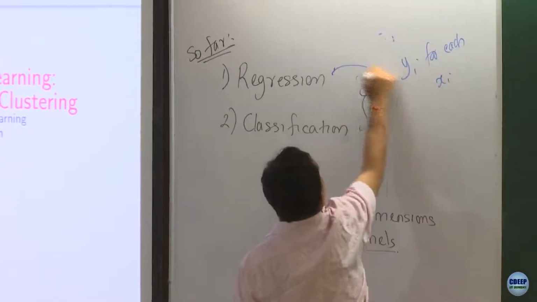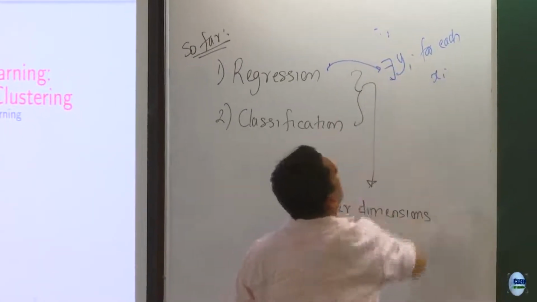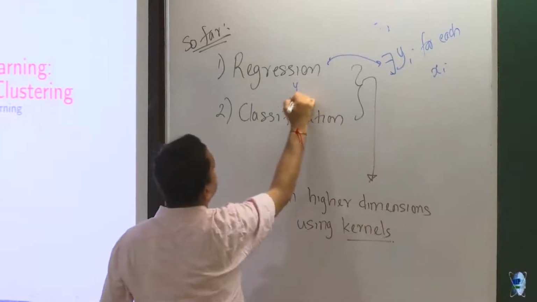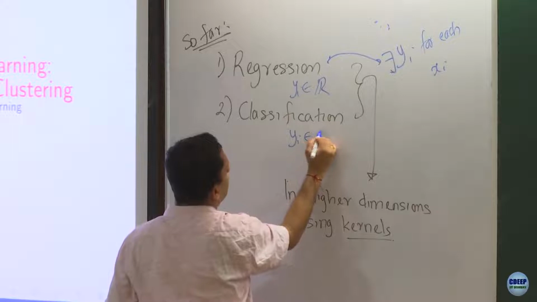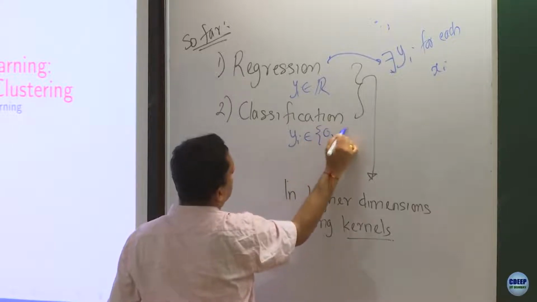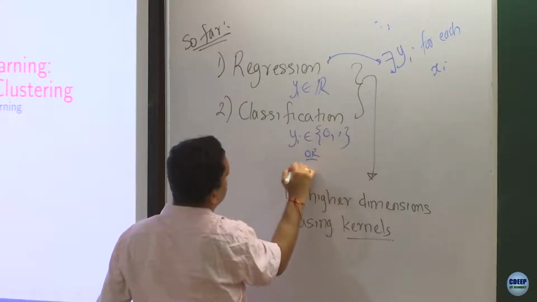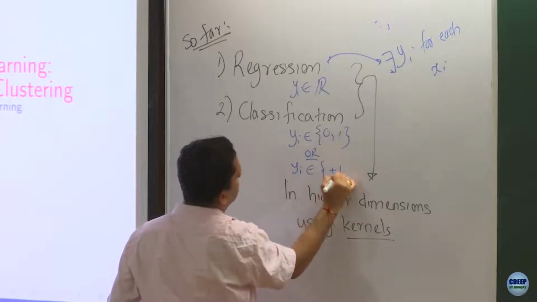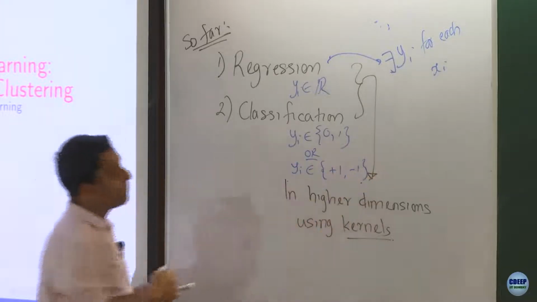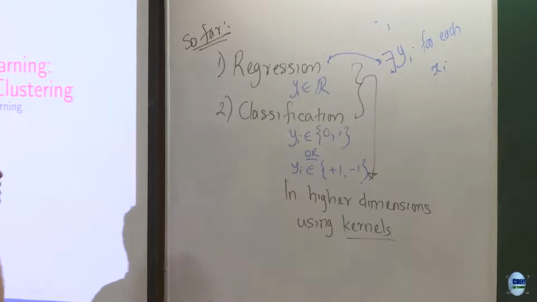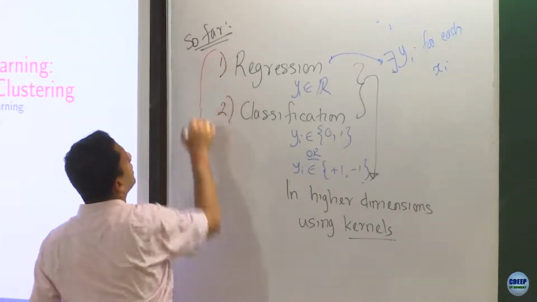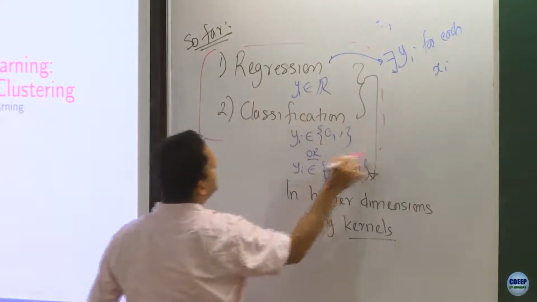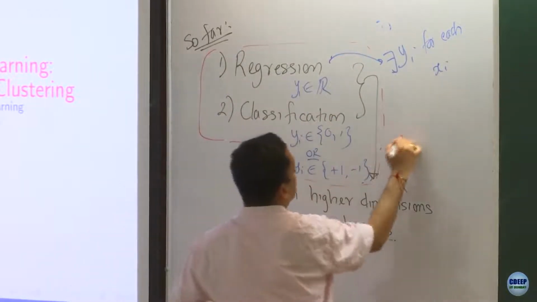In the case of regression, yi was real. In the case of classification, yi was either 0, 1 or plus minus 1. So this setting is basically called supervised learning.